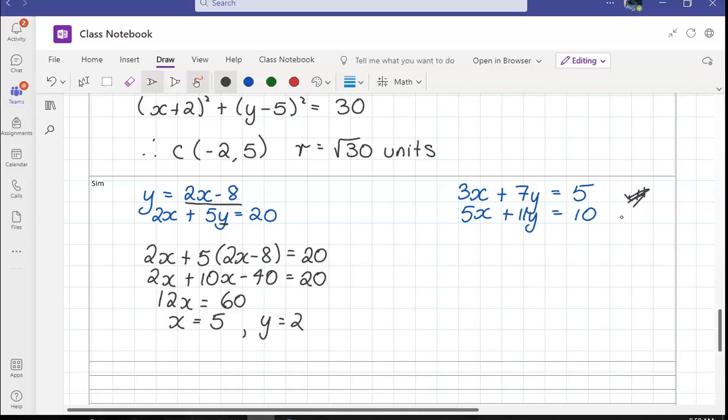Whereas if I picked x, what's the number that 3 and 5 both go into? 15. So we are going to do that. We will times that by 5. We will times that by 3. And the big error that I normally make is I forget to times every single thing. I forget to times like that 5. Anyway, that's me.